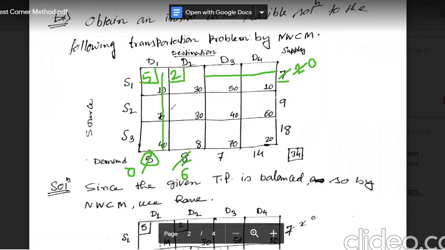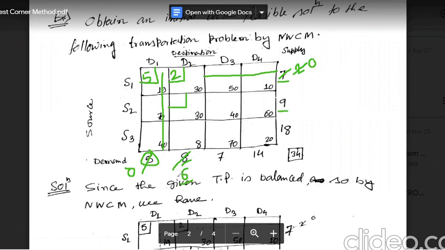Now we have to allocate in this cell. This is the destination D2. Still 6 units are required. This is the second row, so from source S2 you have to supply. The capacity of source S2 is 9 units.